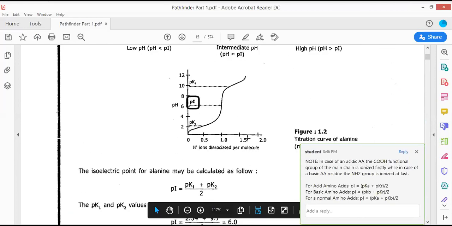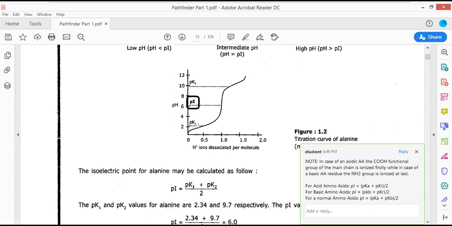In the case of basic amino acid, there would again be three pKs: pK1, pK2, pKr, and the isoelectric point will be present in between pK2 and pKr. That is why the formula for basic is pKb or (pK2 plus pKr) divided by 2.